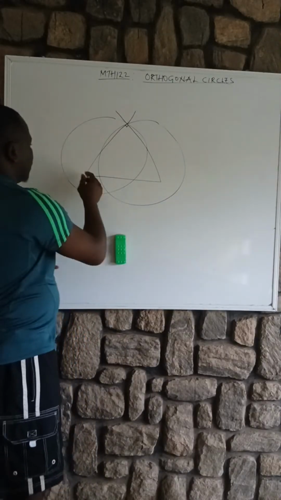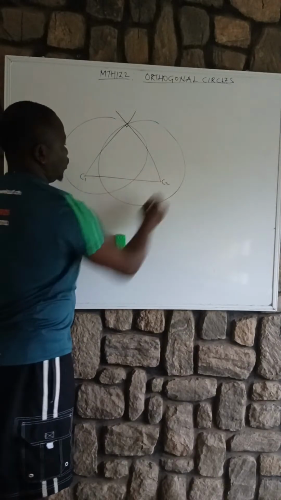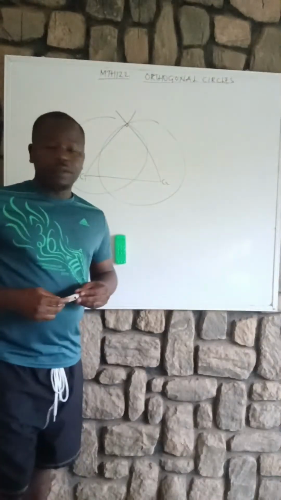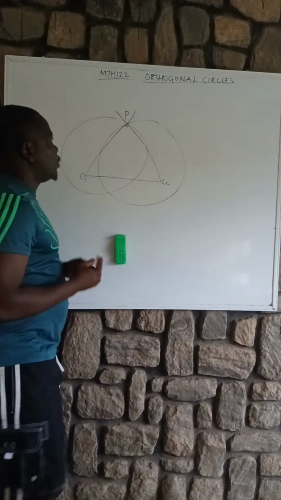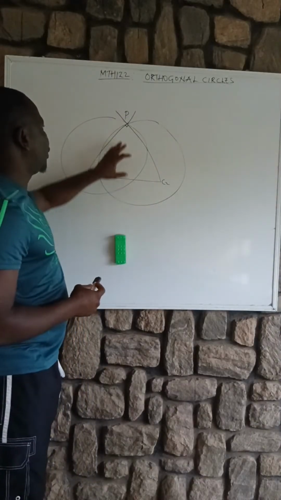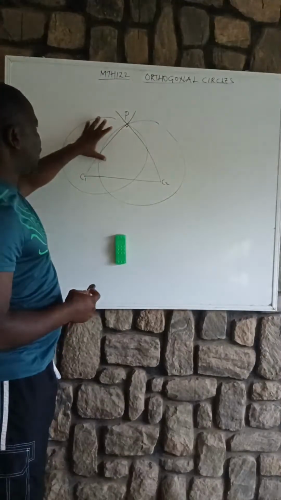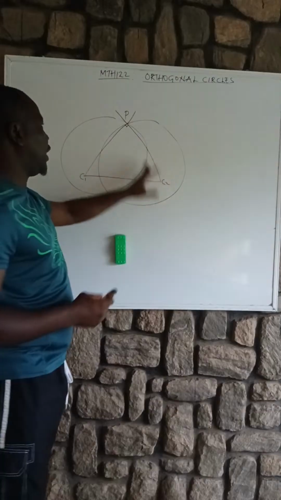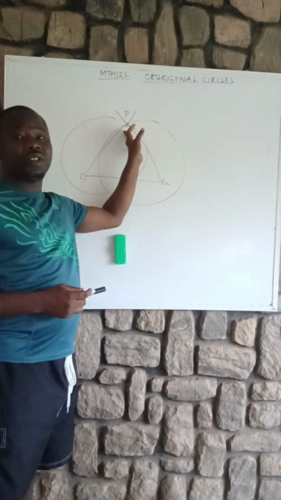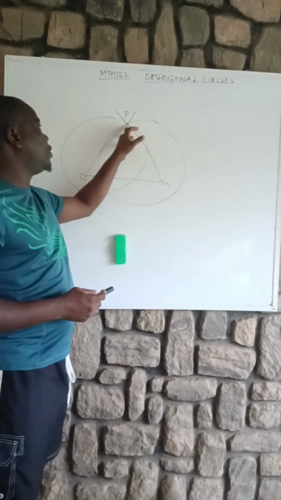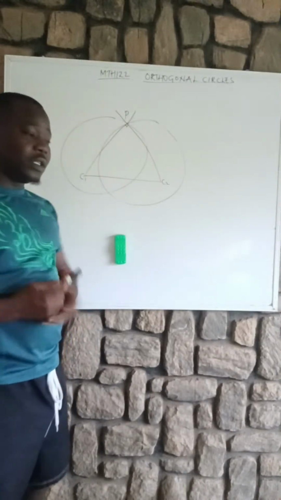We assume that this is center 1, center 2, and this is at point P. These are two circles, and they intersect at what? Right angles. So this is called orthogonal circles.